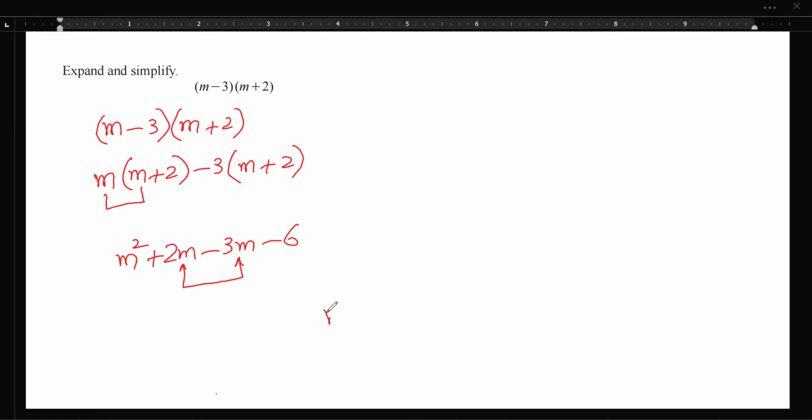So your final answer will be m squared, 3 minus 2 will give you 1, m minus 6. But the question is the sign. For the sign, we always use the sign of the bigger number, which is minus. Therefore, it's going to be minus m. This is your final answer after expanding the two brackets, or simplification.